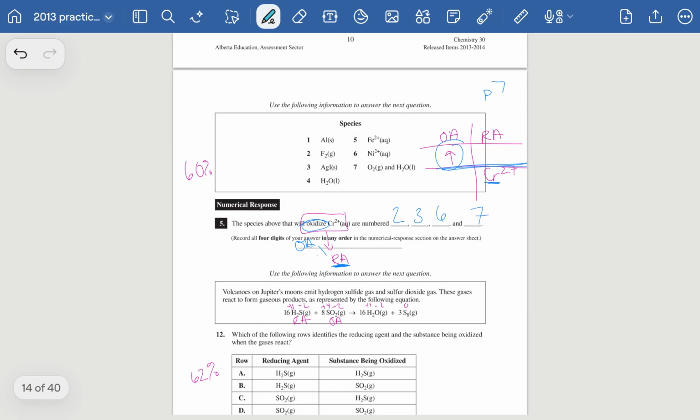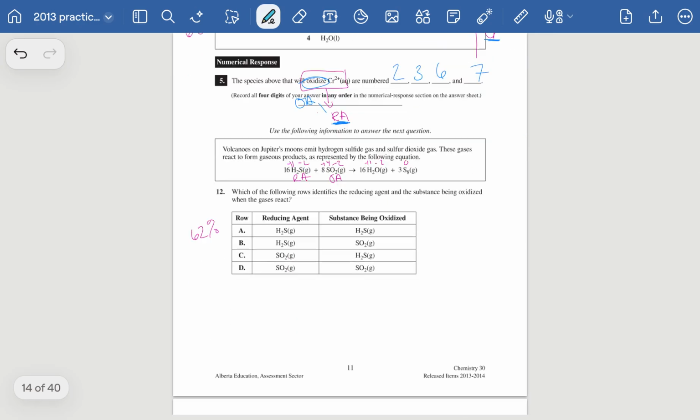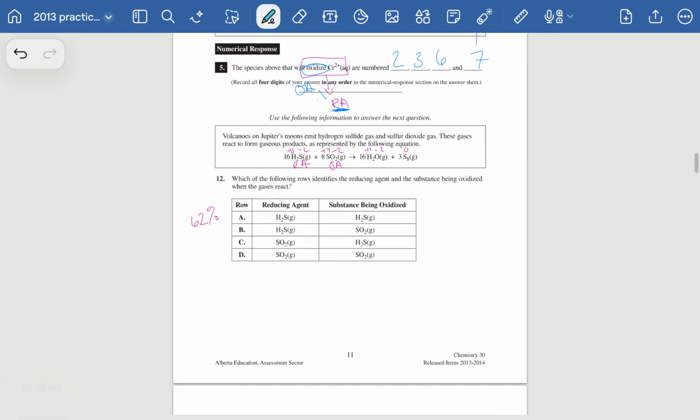So just be careful with this one, take your time, look for placement, but I think overall it's not a bad question, it's just understanding this part. This next one, being able to identify the reducing agent and the substance being oxidized. So you are going to assign your oxidation numbers. And I also just want to remember when they're asking questions like this, remember to always pick a reactant.